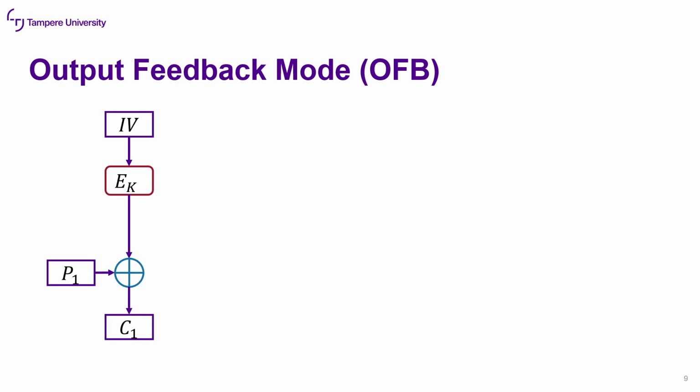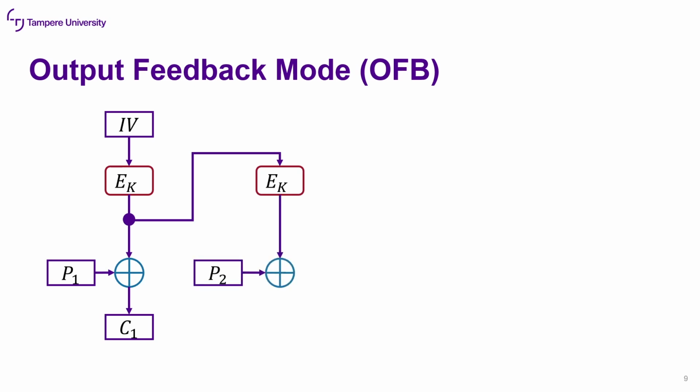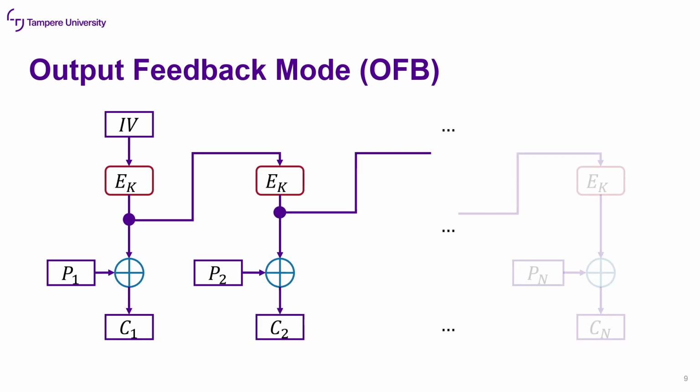Now, to provide the continuation of this, we use the output of the encryption circuit, namely, as the name implies, output feedback. We send that over to the next encryption circuit, which will then be XORed with the second plaintext block to produce the second ciphertext block. And this process continues until we finally end with the full ciphertext.